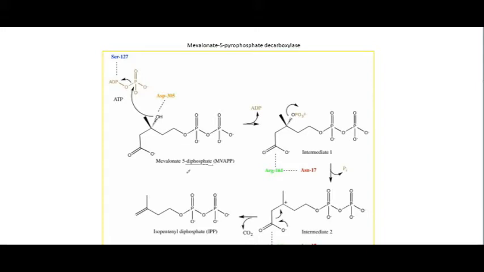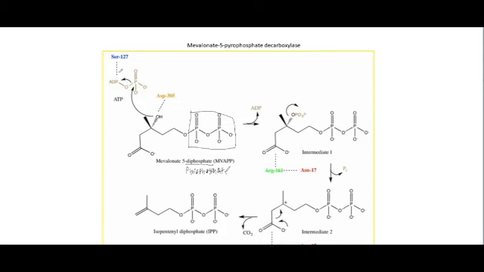You could also call it pyrophosphate. We see that these 2 phosphates here were added in those 2 steps before. That's just a pretty typical ATP coming in and adding its phosphate onto this molecule. So we'll skip ahead a couple of steps to this mevalonate 5-pyrophosphate decarboxylase.